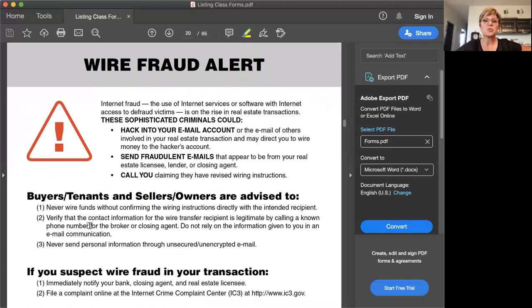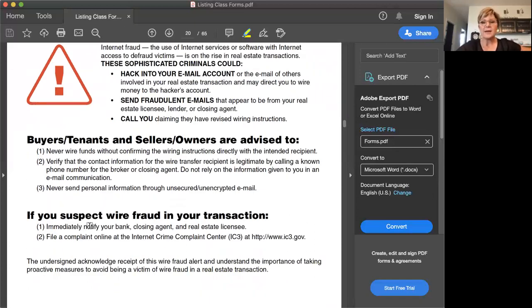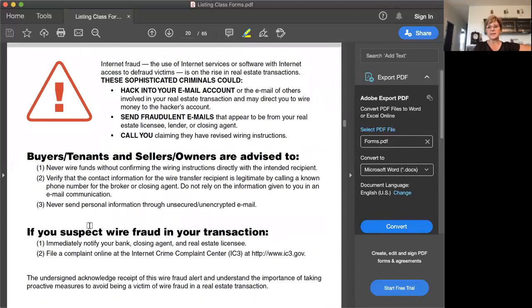Okay, next page, wire fraud alert. We have sellers sign this. Basically it's stating, and this is a form that the state wants us to provide to all of our clients, that if anybody's asking you to give your account information or routing information for your bank accounts via an email, don't do it, right? Call them first, say, hey, is this really you asking for this information?